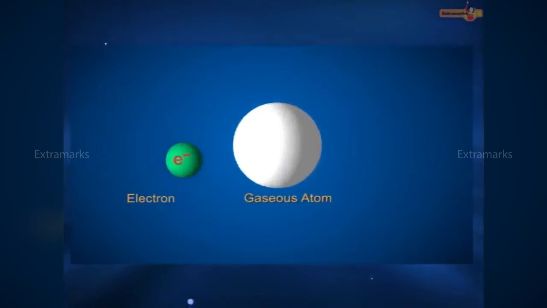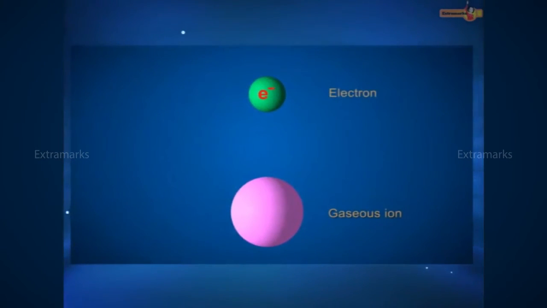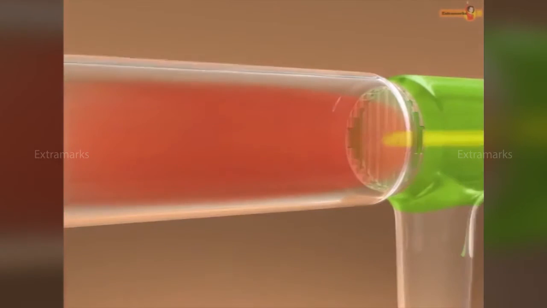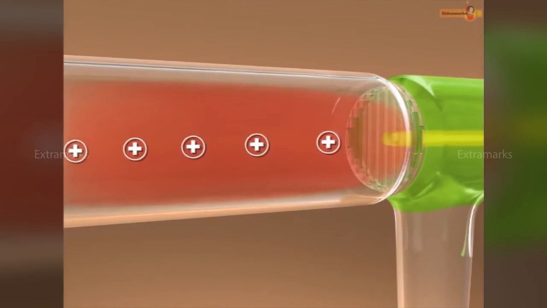When these fast-moving electrons strike the gaseous atoms, they knock off electrons. This results in the formation of positively charged ions. These positively charged ions move towards the perforated cathode and constitute the beam of the anode rays coming through the holes of the cathode.